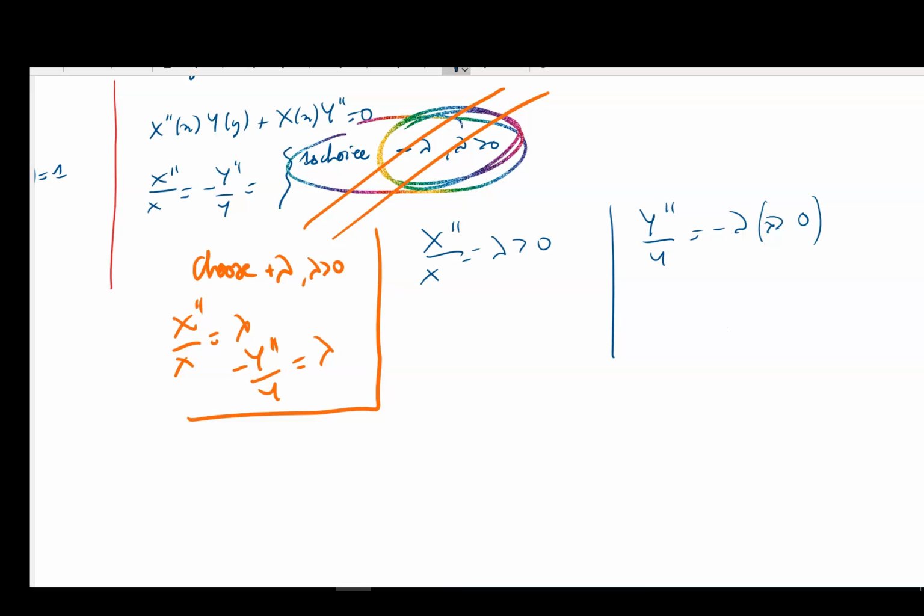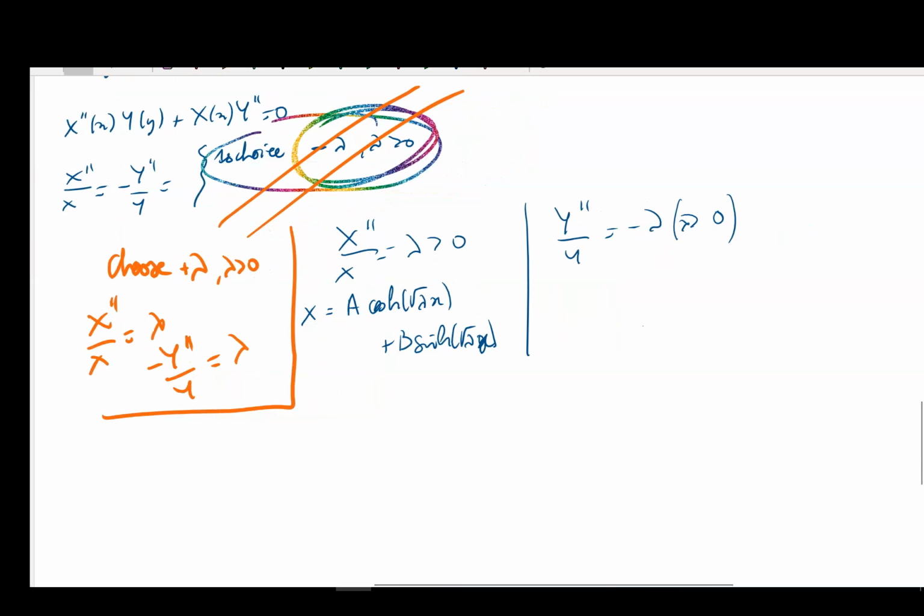Okay, so that means that my x is going to be written as my sinh, cosh composition. So we get a times cosh of square root of lambda x plus b times sinh of square root of lambda x.